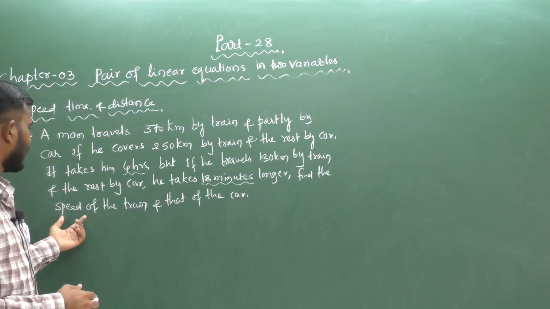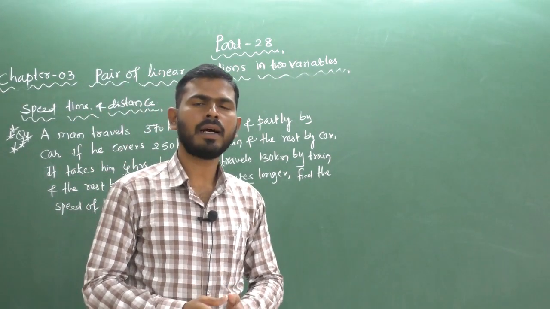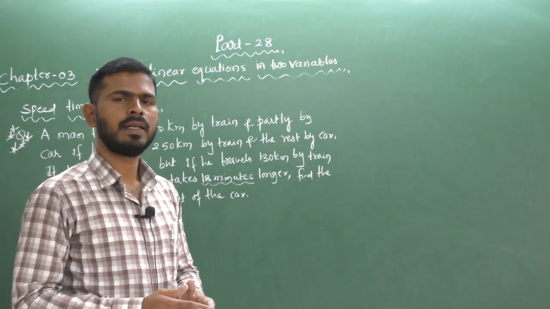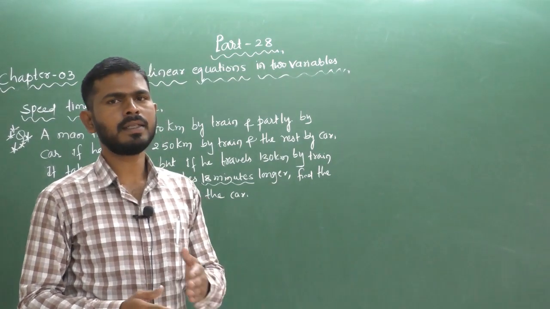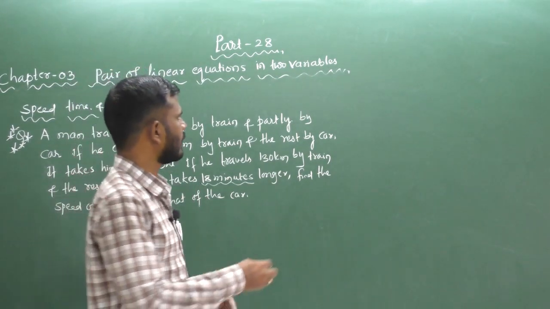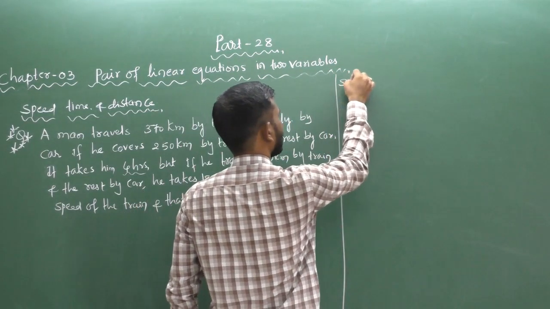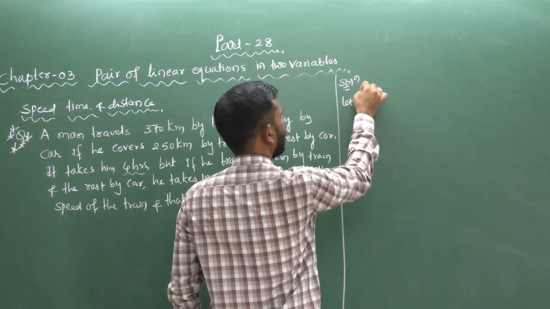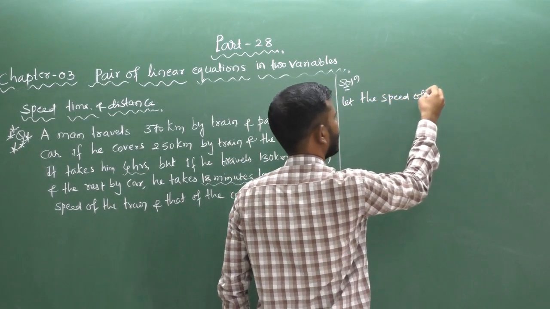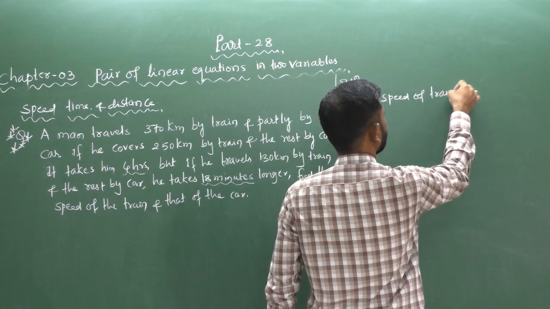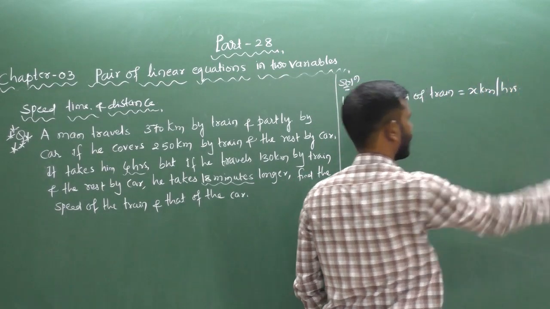So you have to find the speed of the train and the speed of the car. We don't know the speed of the car and we don't know the speed of the train. So let us discuss. The first step you have to write here: let the speed of the train be x kilometer per hour.